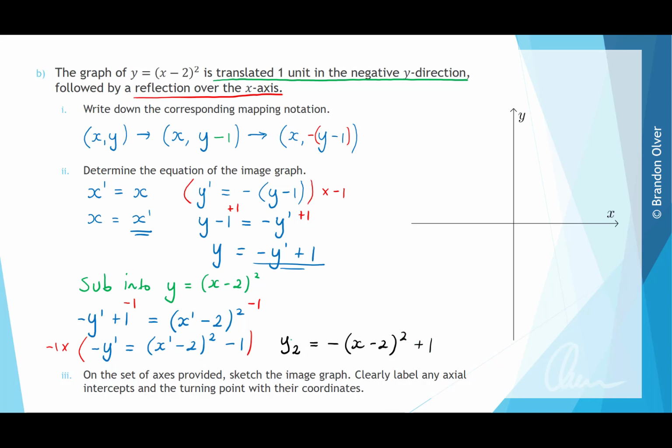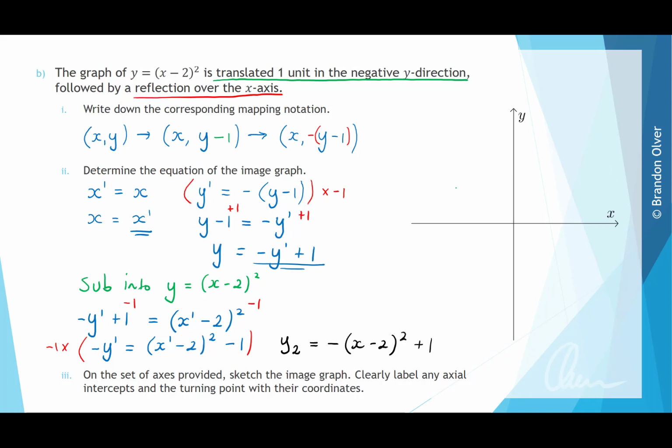So again, we can leave the dashes off because we've renamed the equation y2, which is the rule for the image graph. So this time when we draw our parabola, it did start off here, so that was the original y = (x - 2)². And now we've translated 1 unit in the negative y direction, so it moves down slightly, and then we reflect over the x-axis.